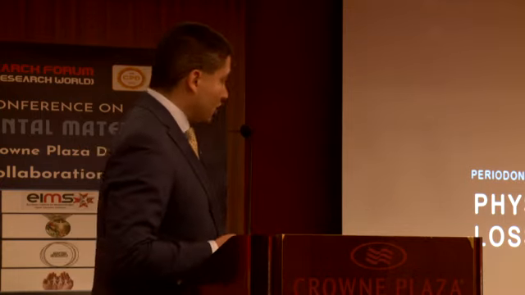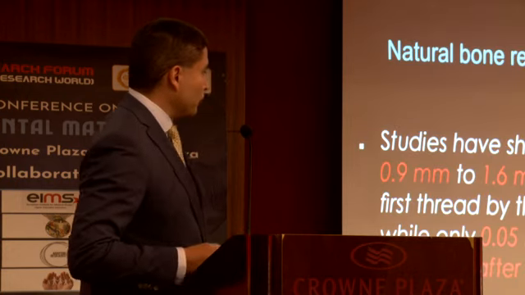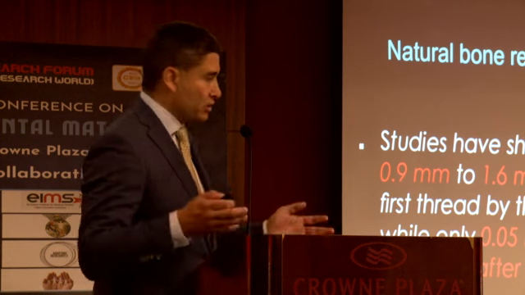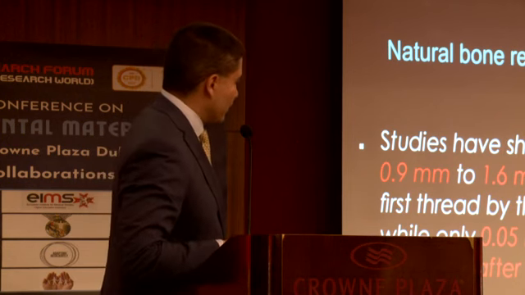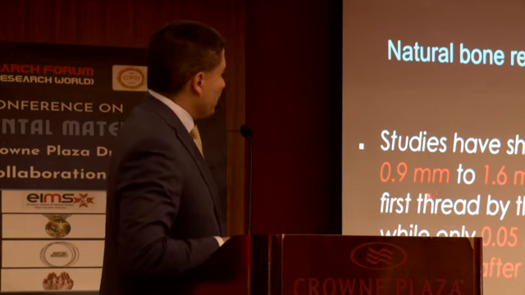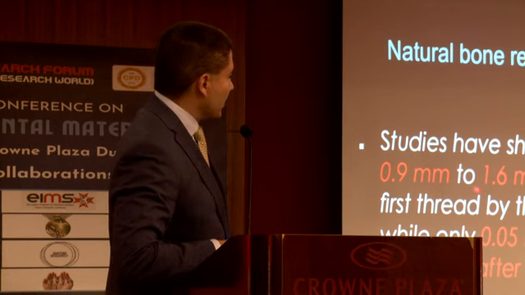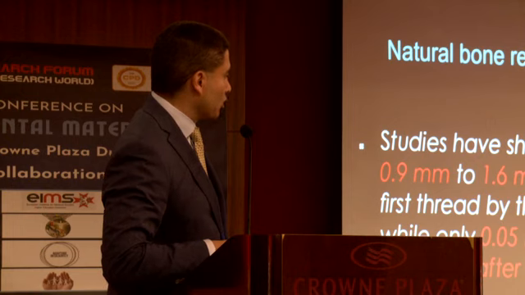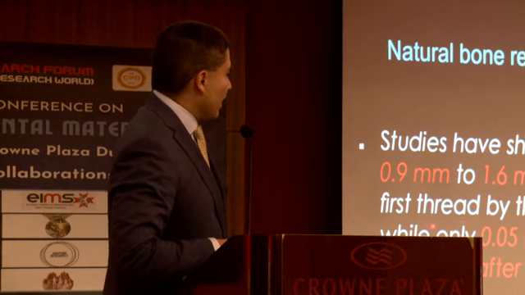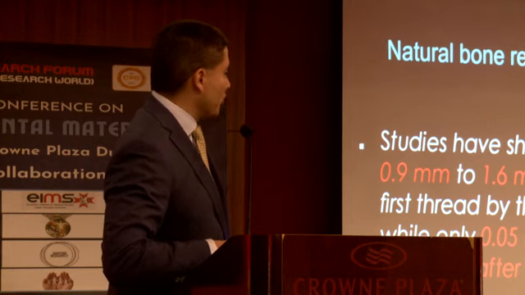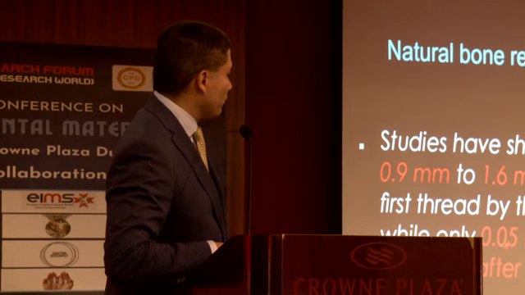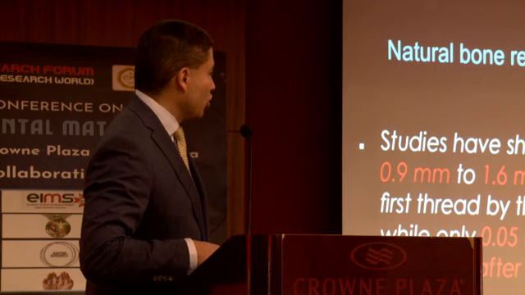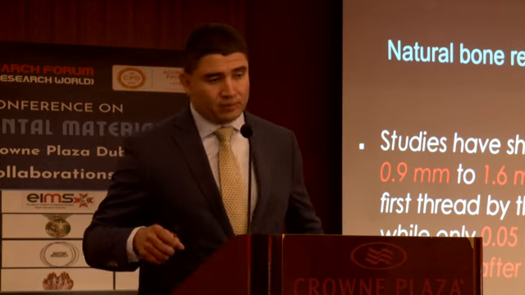When we look at the physiology of bone loss, we have to understand that, based on the studies of Albrektsson and co-workers over a period of many years, since '81, the studies have shown 0.9 to 1.6 millimeters of marginal bone loss around the implant to the first thread by the end of the first year in function, while 0.05 millimeters to 1.1 millimeters of bone loss occur after the first year.